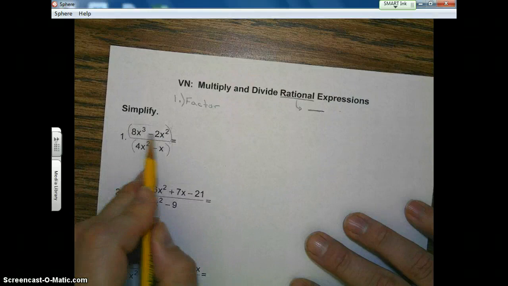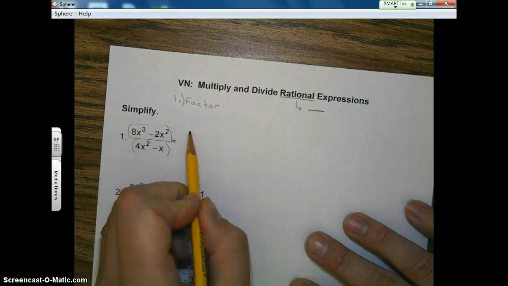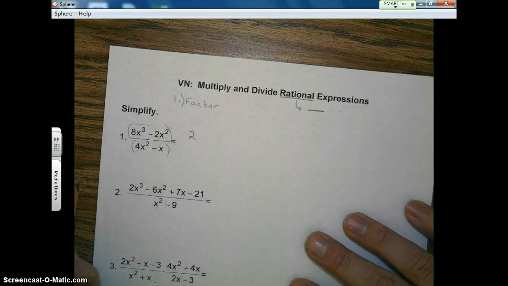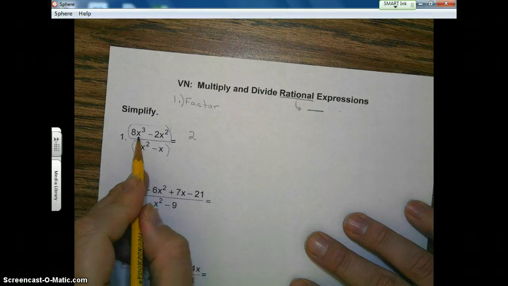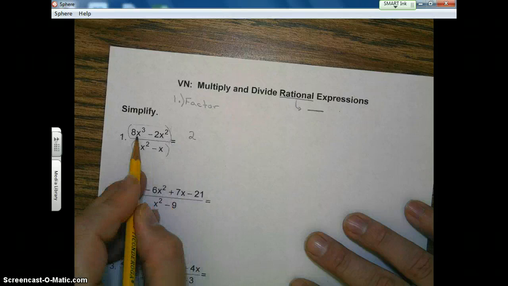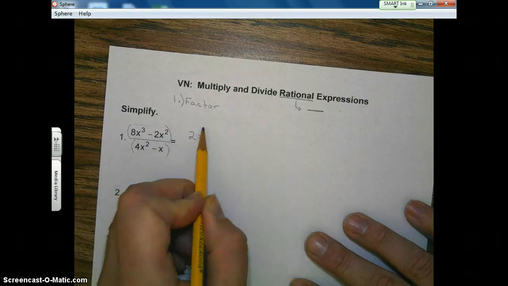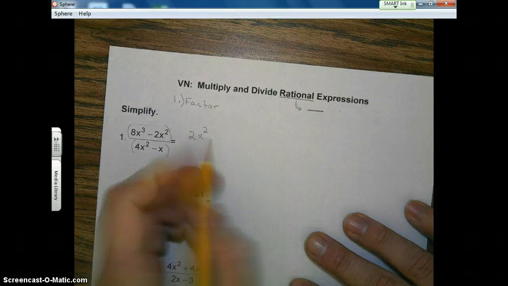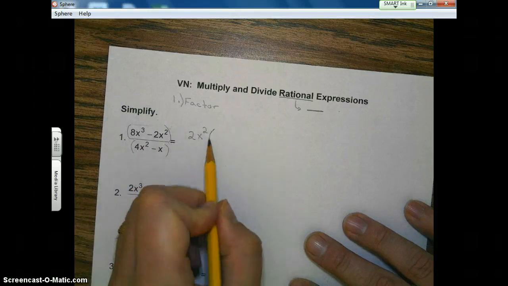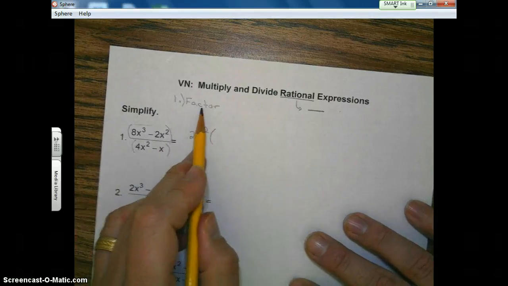Looking at the 8 and the 2, I can take a 2 out of both of them, so I'm going to factor out a 2. Now I have 3 x's here and 2 x's here, so the most x's I can take out are 2 of them. Now remember, when factoring, it means to divide.